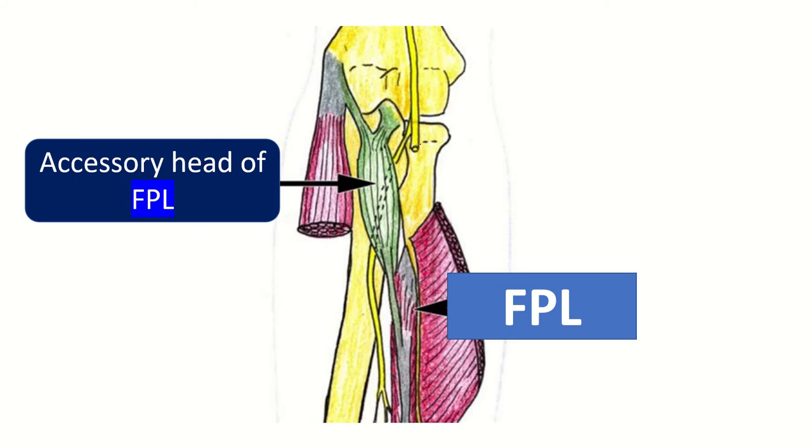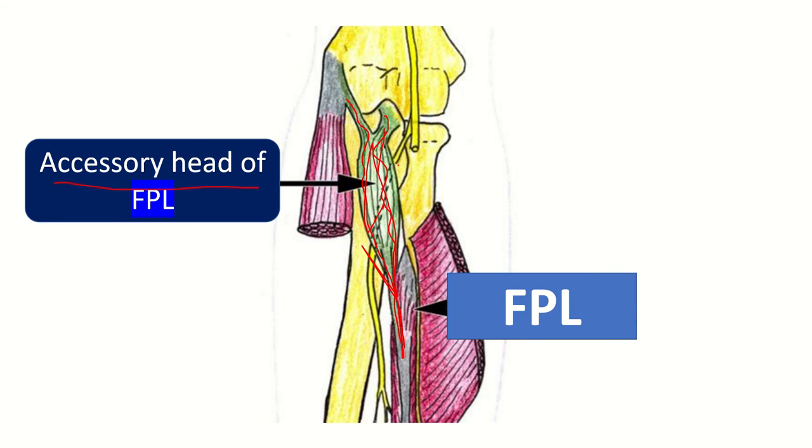So first of all, we can see here this is the flexor pollicis longus, and we can see a muscle attached to the flexor pollicis longus. This muscle is attached to the flexor pollicis longus, and the extra muscle is the accessory head of flexor pollicis longus, and this is called the aberrant Gantzer muscle.